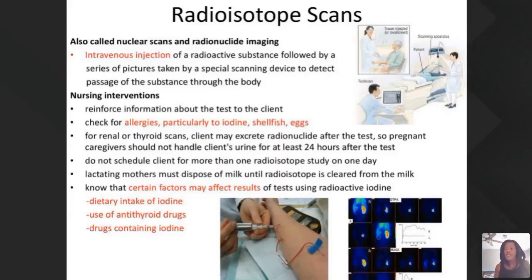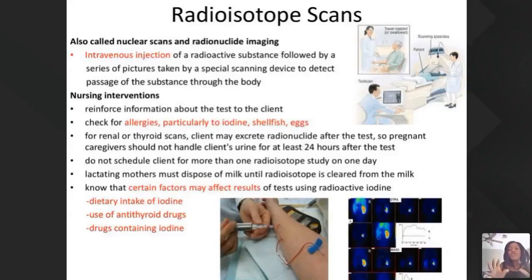No, some type of test was done, whether it be blood work, a radioisotope, an MRI, a CT scan, something was done to diagnose you with whatever it is. That's why this section is important. So now as you go through diseases, you need to ask yourself, what was used to diagnose this problem? And as we go through these, I'll point out some of the conditions that these are more prone to using for. So back to the radioisotope. I couldn't help it. I had to point that out to you.